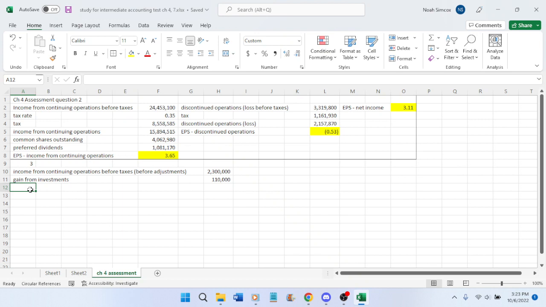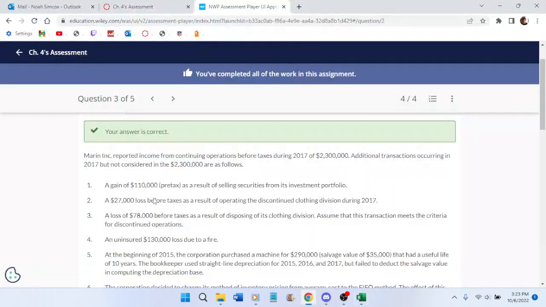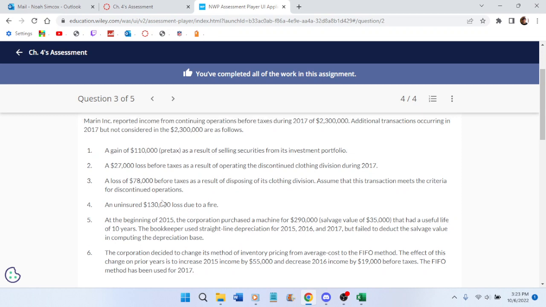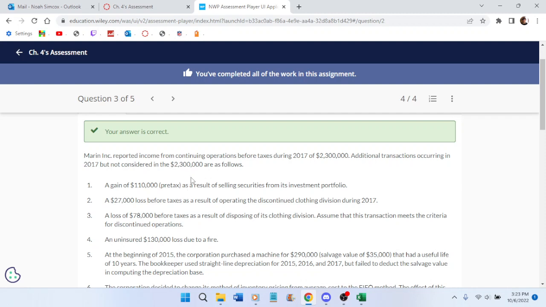Now this one we will not do yet. Let's just do all the stuff that we will have to do for the continuing operations. So a fire will be counted towards the continuing operations, right?